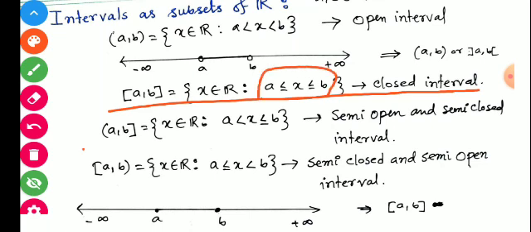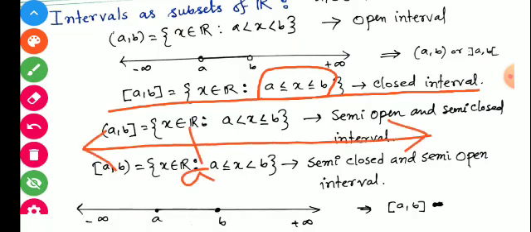That means if you draw a number line and mark points a and b, where a is less than b, then the closed interval a comma b means the elements between a and b and the points a and b themselves.